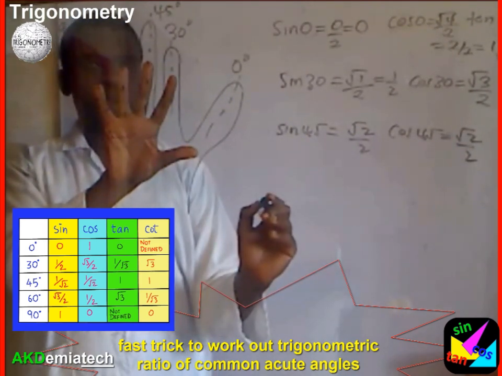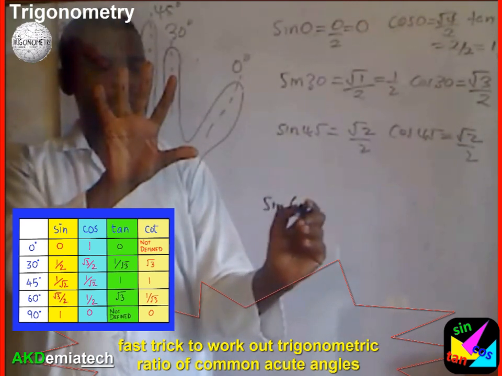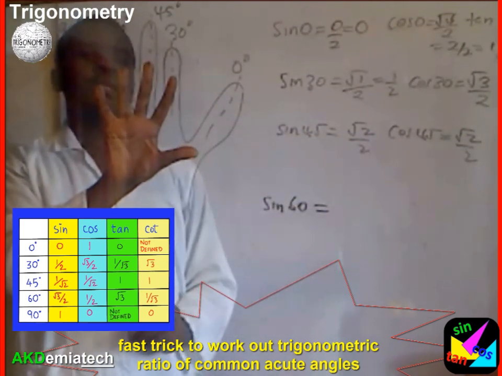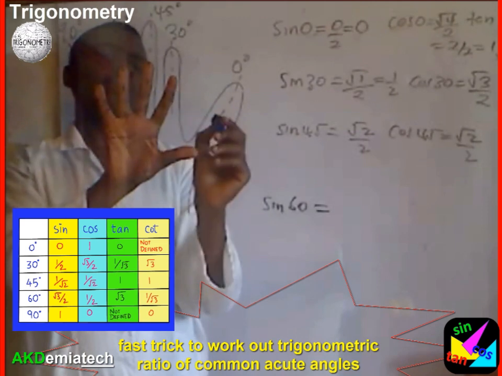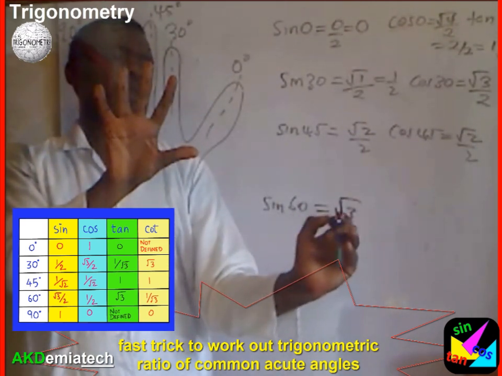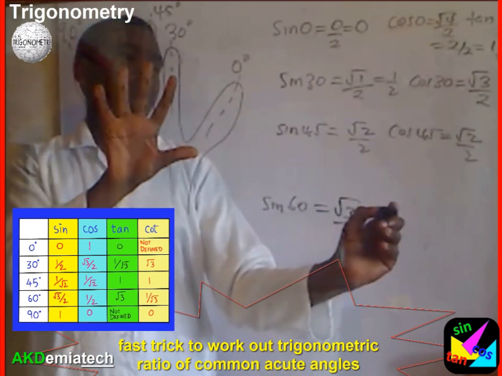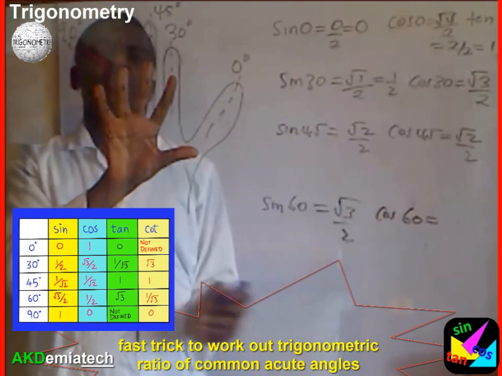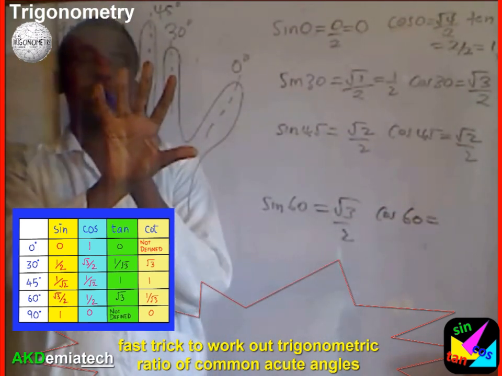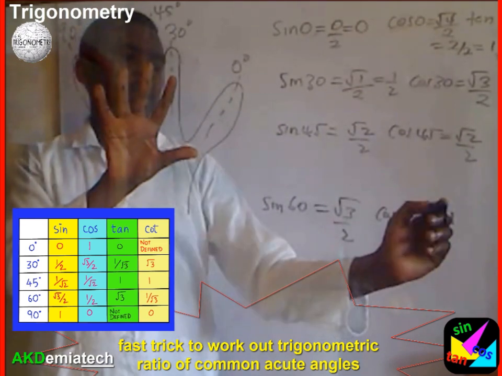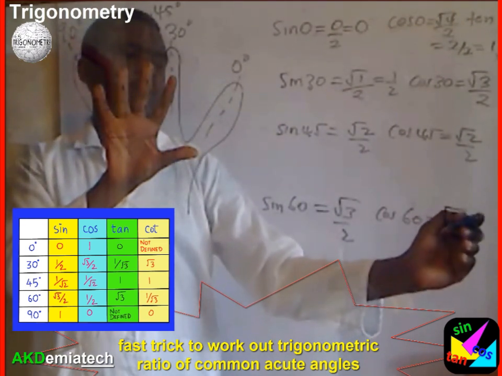Now, what is sine 60? Sine 60 is equal to 1, 2, 3, which is square root of 3 all over 2. Cos 60 is equal to square root of 1 all over 2, which is equal to half.